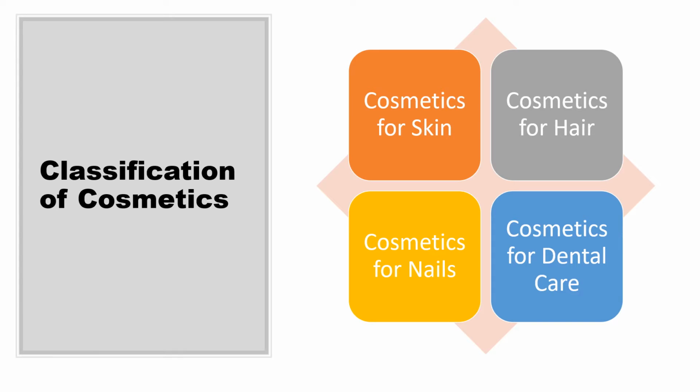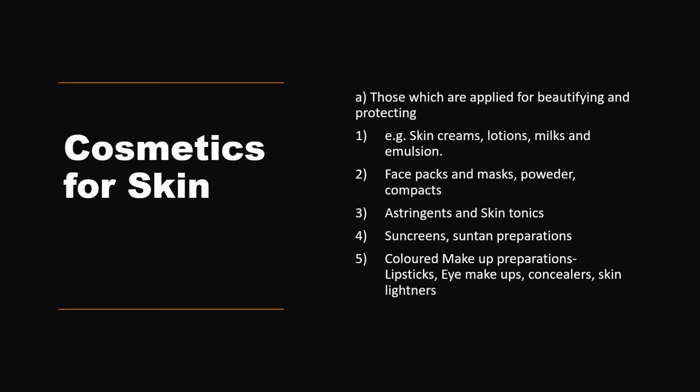When we talk about the general classification of cosmetics, they can be broadly classified by the site of action: cosmetics for the skin, cosmetics used for the hair, cosmetics used for nails, and cosmetics used as dental care products. When we talk about cosmetics for skin, a number of products come to mind.